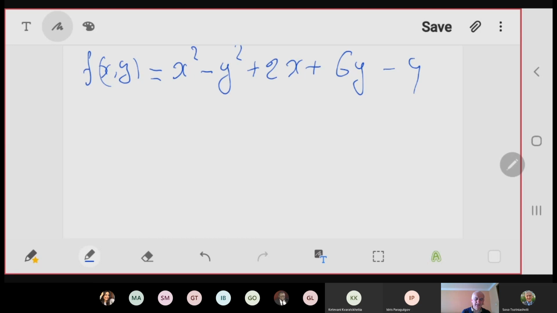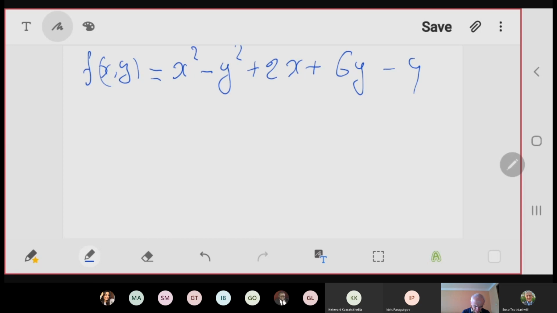So step 1 here is to find first order partial derivatives, respect x and respect y, and then find critical points. Critical point means we should equate these partial derivatives to 0.